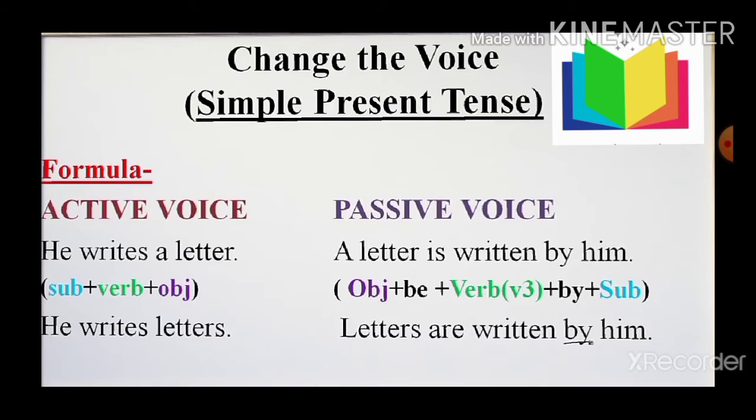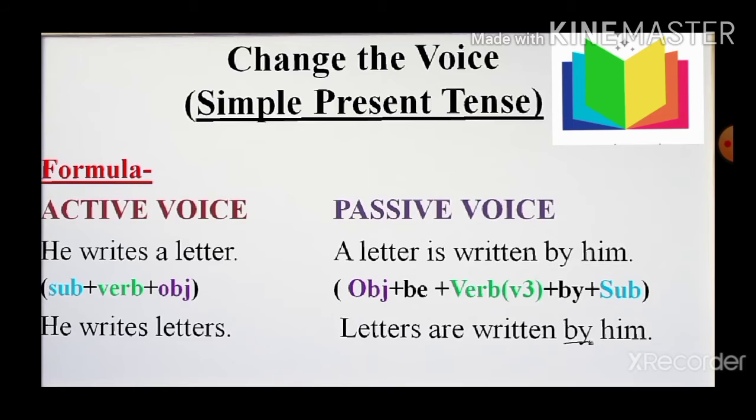While in passive voice, the subject he will become the object. We will use be, or we can say we will use a suitable form of helping verb, is or are, according to the object. If the object is singular, we will use is.